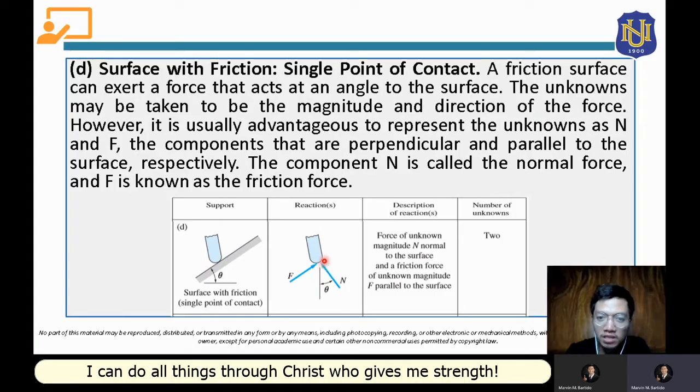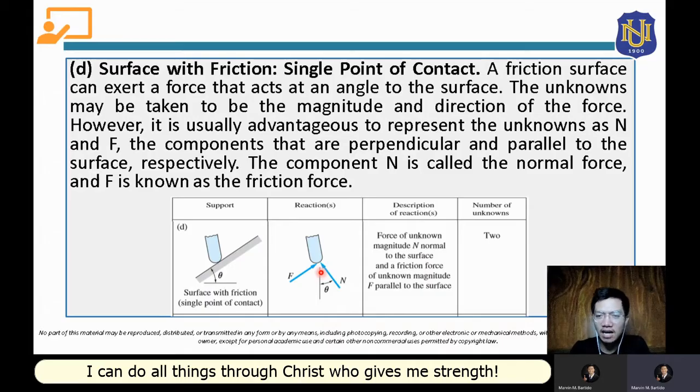The first reaction force will be this normal force, the same normal force as the surface without friction. It will be applied at the point of contact and perpendicular to the incline, and also there will be a friction force, and this friction force will be applied parallel to the surface.